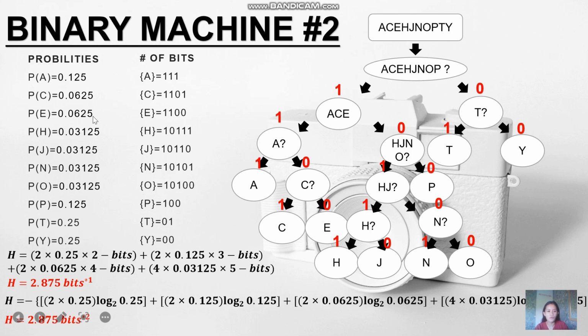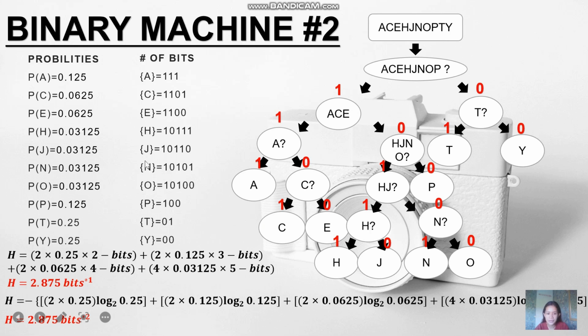And then for the letter E, we have 1, 1, and then 0, 0, a total of 4, still 0.0625. Letter H is equal to 1, and then 0, and then 1, 1, 1, a total of 5, so the probability is 0.03125.